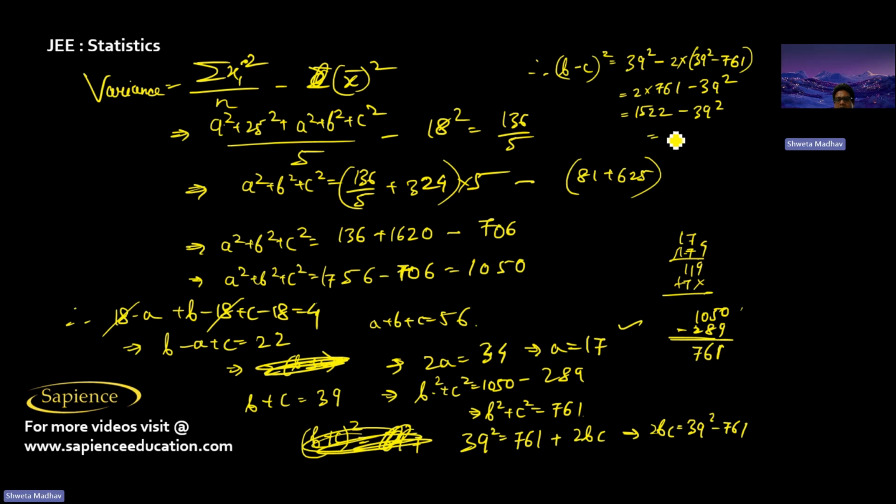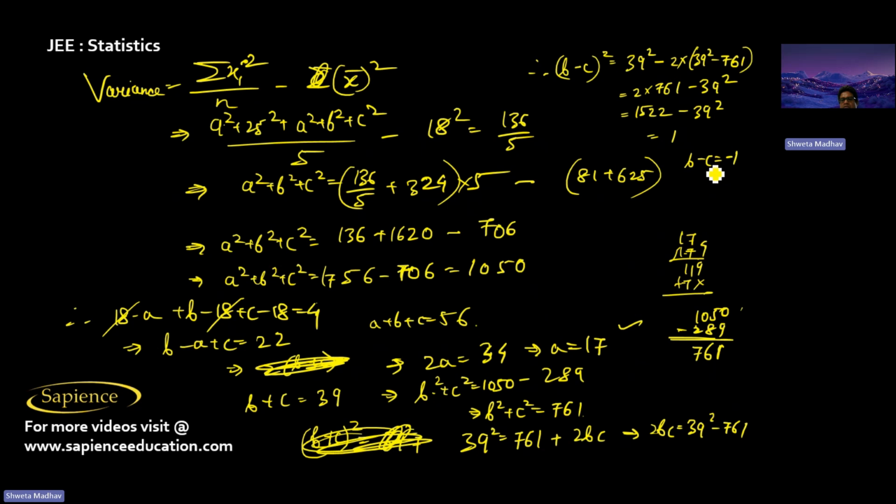So this will be equal to 1. B minus C will be equal to 1, or it will be equal to minus 1.